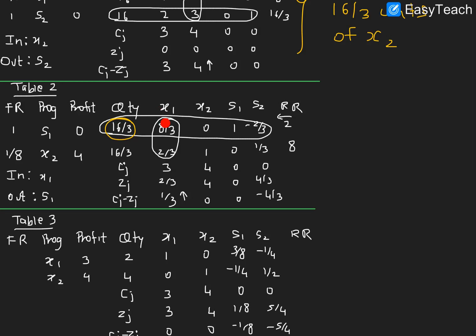So definitely if we want to produce x1, we need to have a labor force. So we know for 1 unit of x1, there's a requirement of raw material and labor.